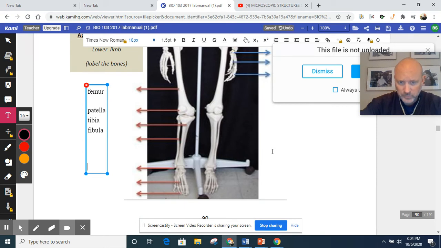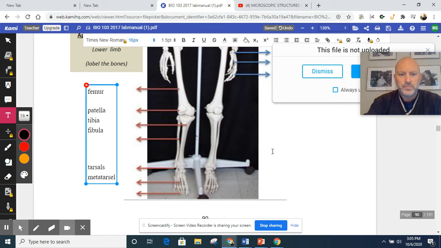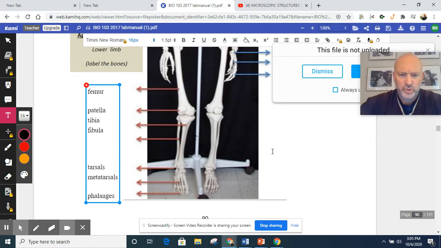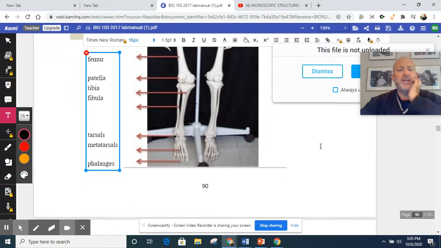So if you remember that, a little lie is a fib, the little bone is a fibula. In the ankles, we have tarsals, and in the feet, we have metatarsals, which are the toes. And in the lab atlas, we'll take a closer look at those.